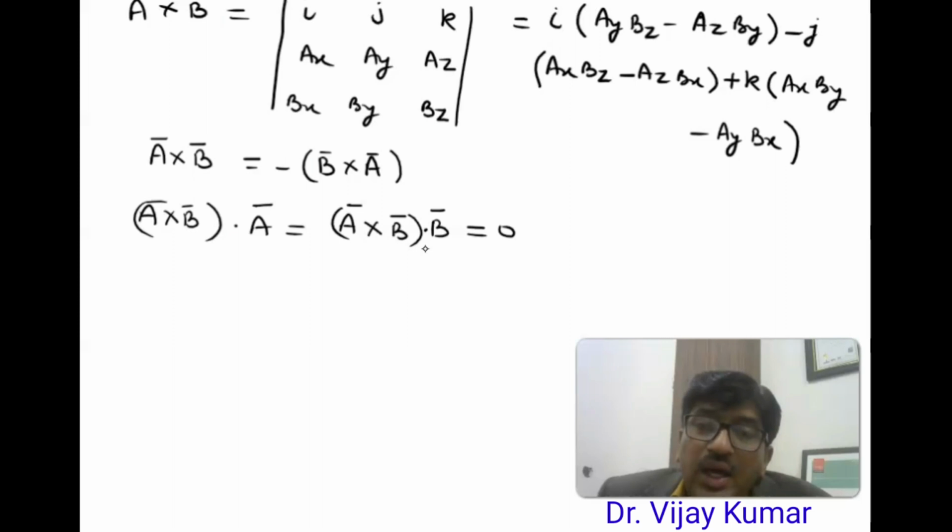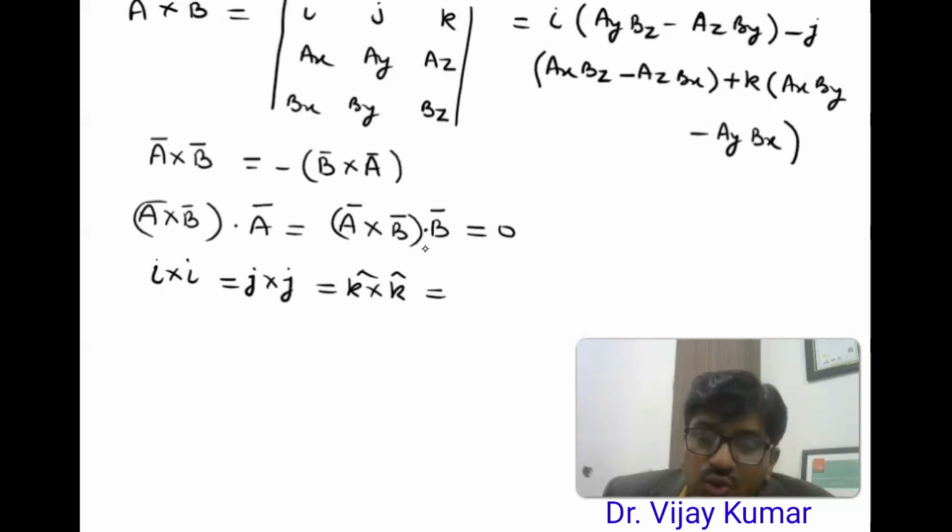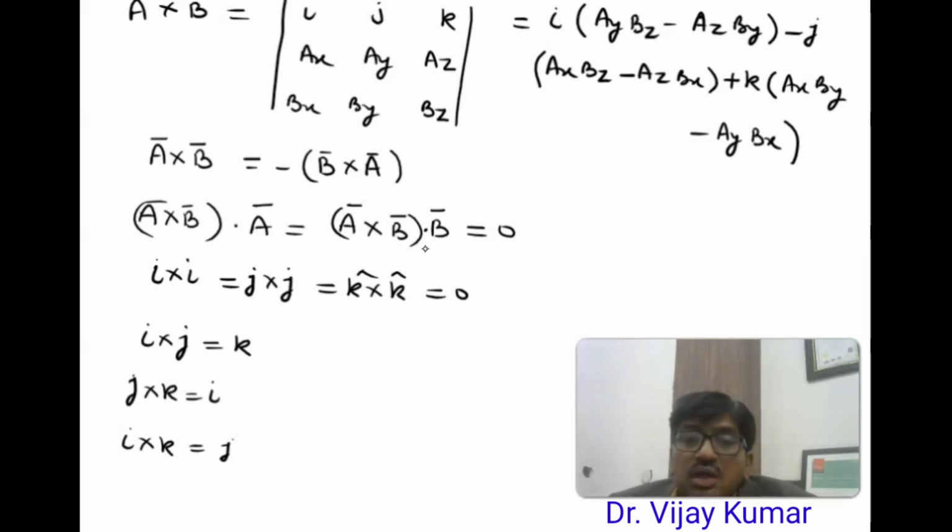And i cross i, the self cross product of the unit vector, should be equal to j cross j, or k cross k, which is equal to 0. And i cross j represents k, j cross k represents i, and k cross i represents j.